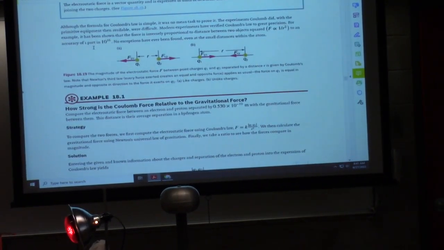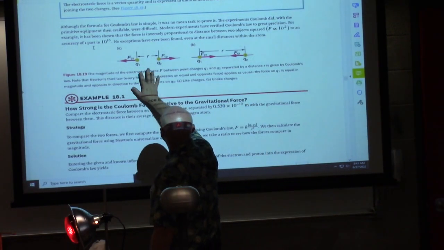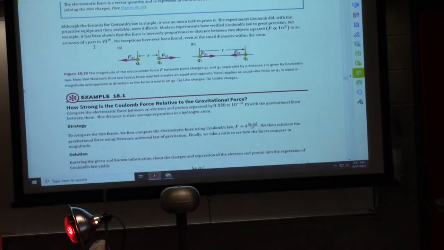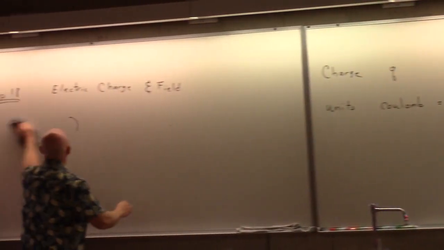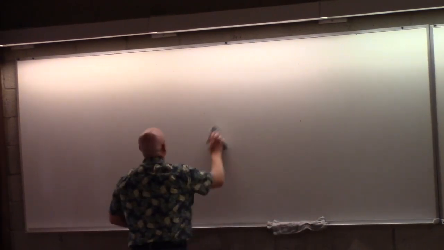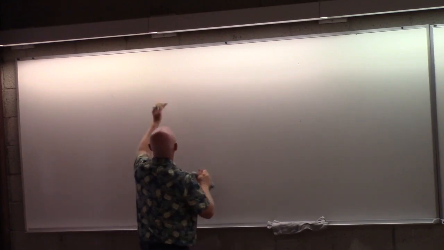He says if you have two negatives, they repel, or if you have a positive and a negative, they attract. In fact, I'll go ahead and draw a more thorough picture, because I think he should put all four combinations. What happens here would be something like this.